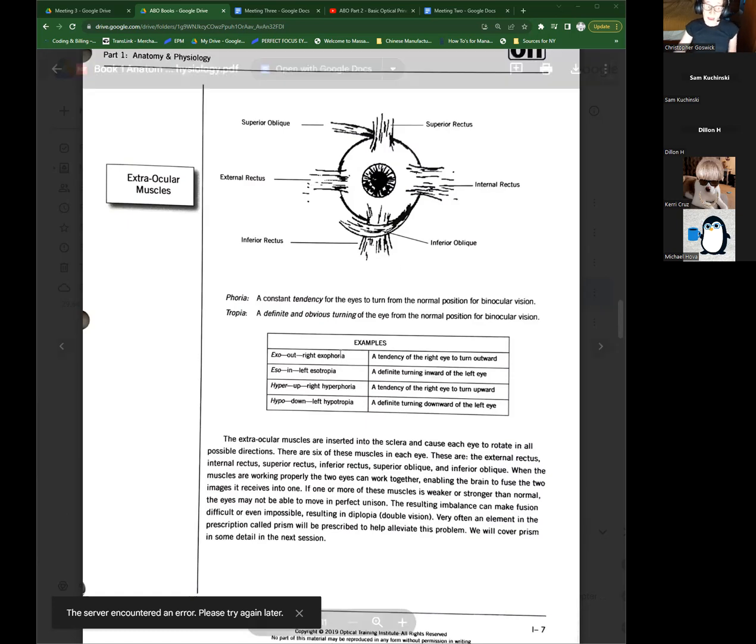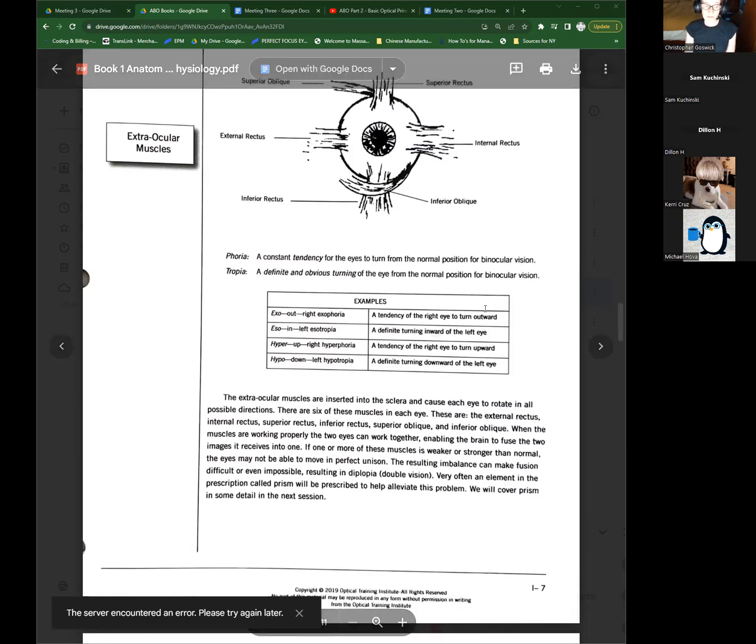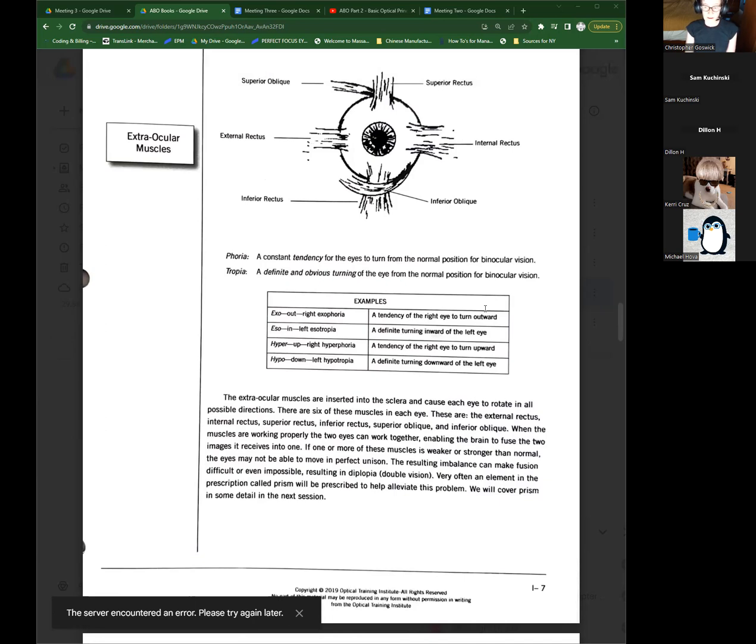And then the other really important part of this is knowing the postures. So exo, think of it as going out, diverging. ESO, when I think of ESO, I used to have a Siamese cat who was cross-eyed, and I always think of him. His name was Vincent. And basically, yes, my cat definitely had a tropia, an esotropia.